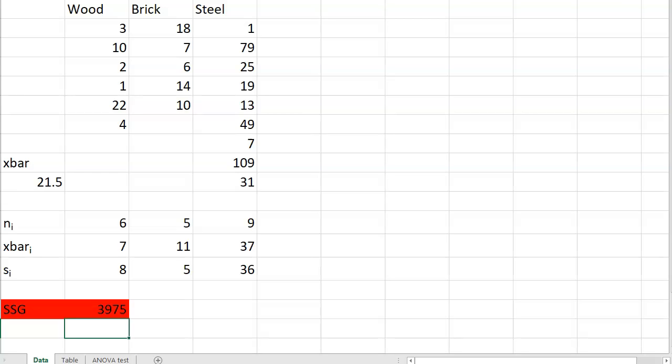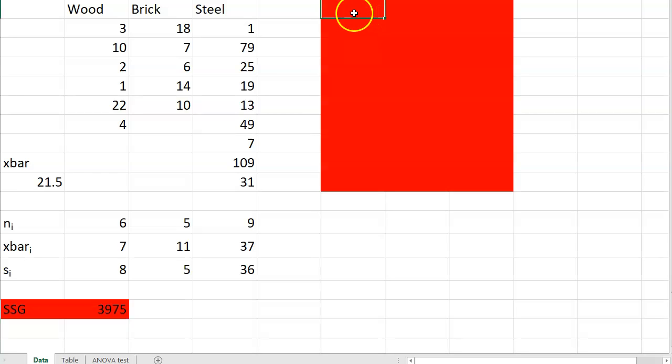Let's do this again a different way, where I calculate the SSG for each person individually. I'm going to take this guy, his average, which is down here, minus the overall average right there, and square. That's what it was for him, and for all the other 6 people, 1, 2, 3, 4, 5, 6. So that's the SSG piece for each of these data points.